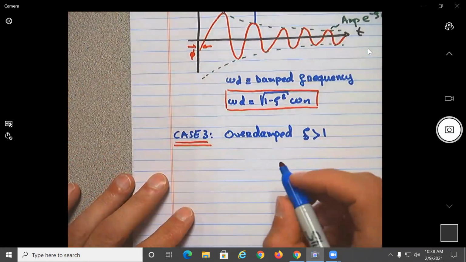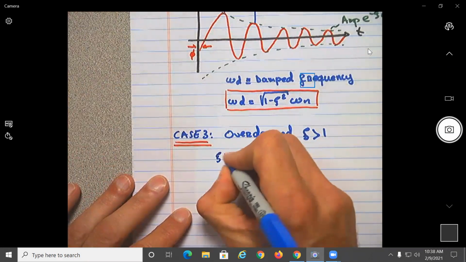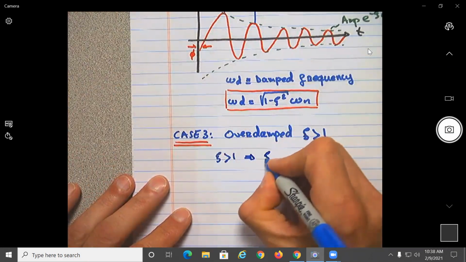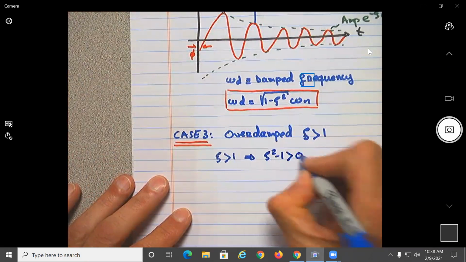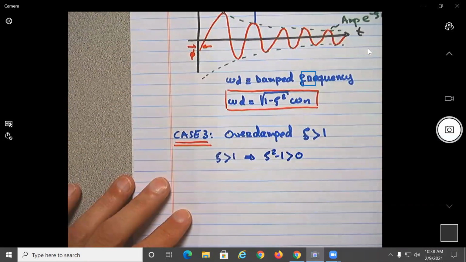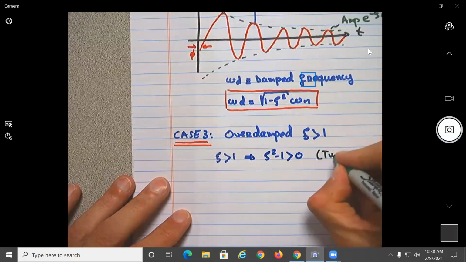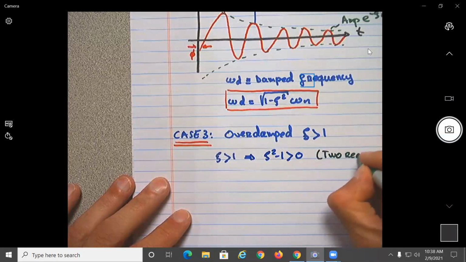So since the damping ratio is positive, that means that this will be positive. And that means that we're going to have two real roots.